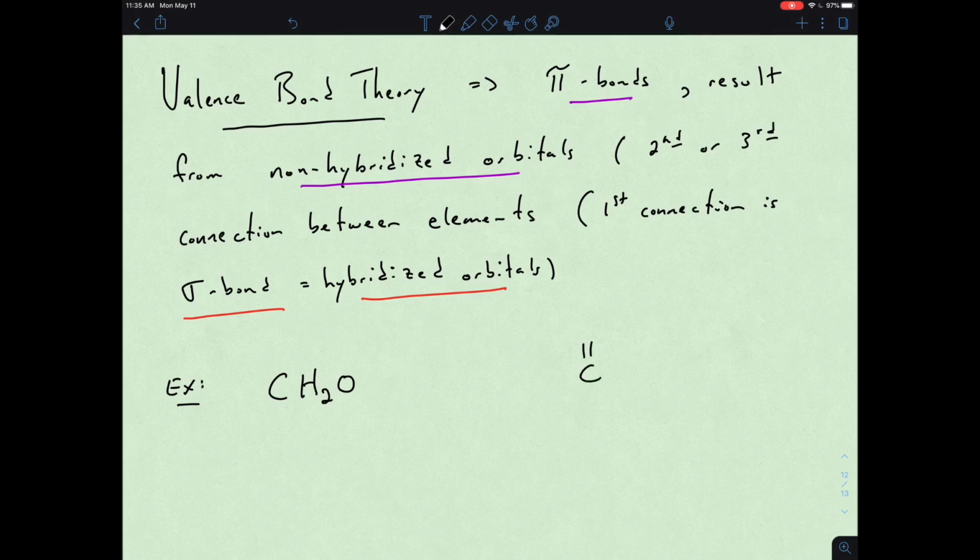Formaldehyde has a structure that looks like this. This is trigonal planar, and we have three groups.